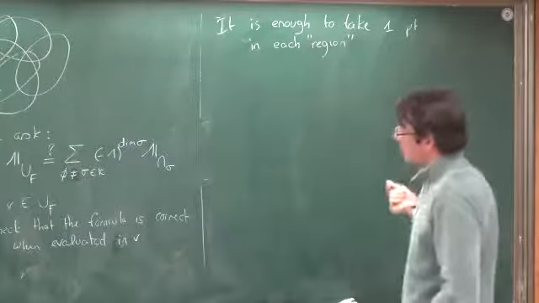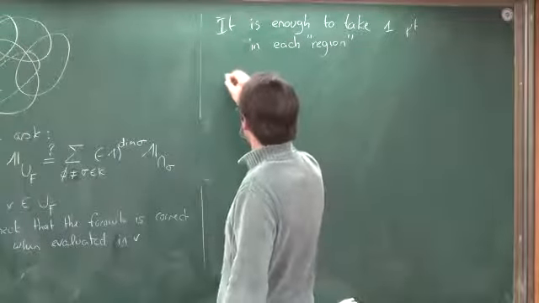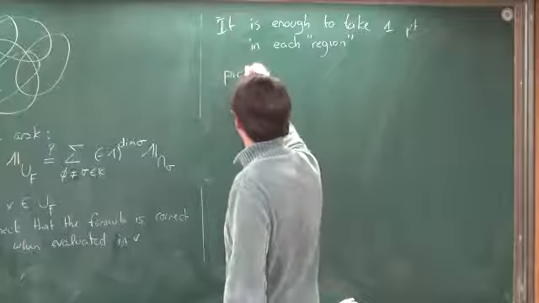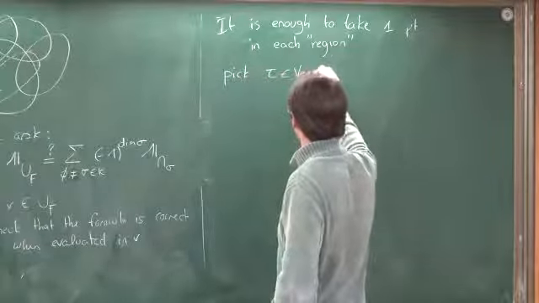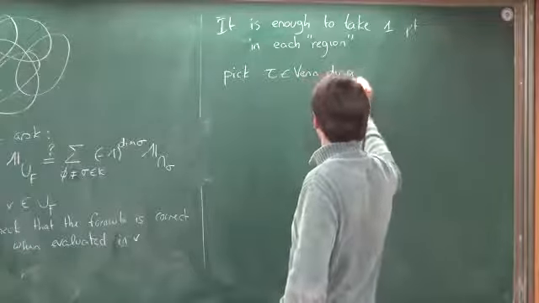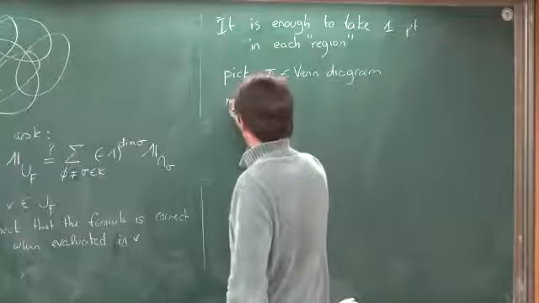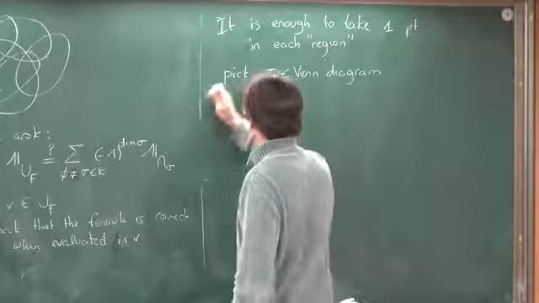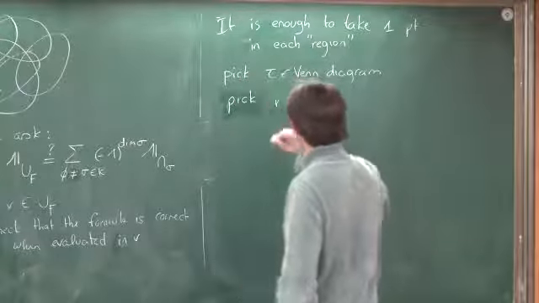And what this means, when you translate it, is: pick a region in the Venn diagram. So I pick a face in the Venn diagram, and I pick a point in the corresponding region.